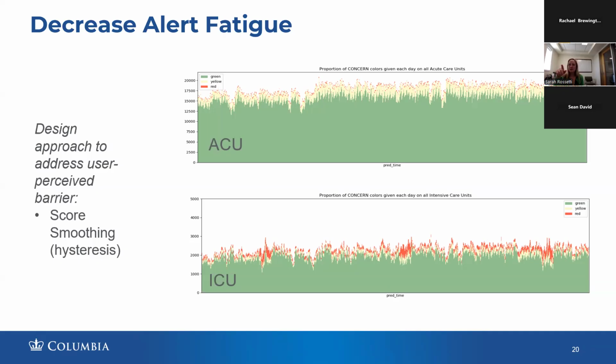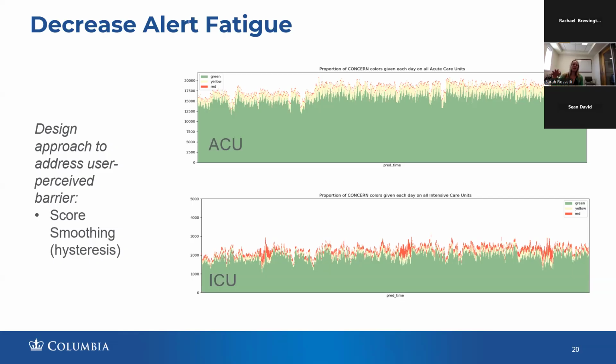What you see on this slide too is that we did some score smoothing, this hysteresis analysis. So what that means is that it's not easy for a patient to go from green to yellow, because we don't want them to be bouncing back to green and back to yellow and back and forth.